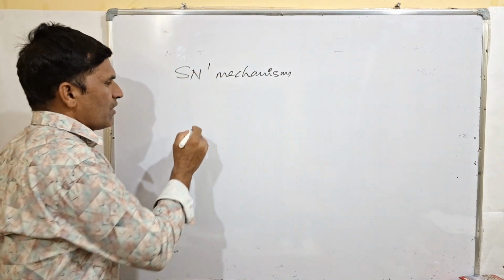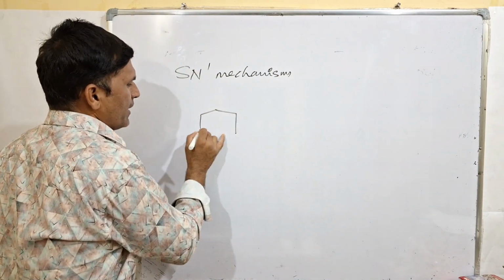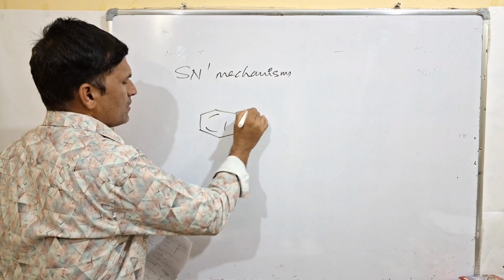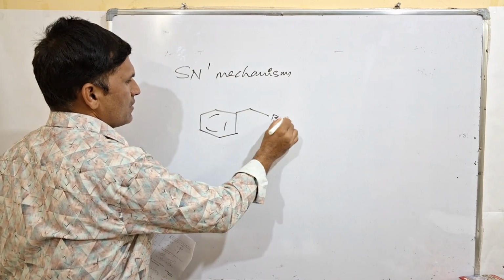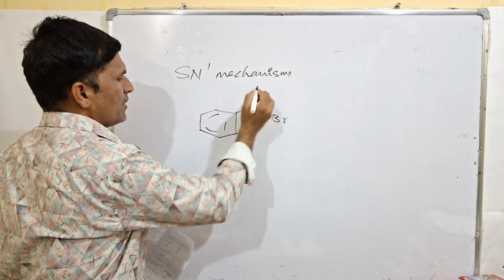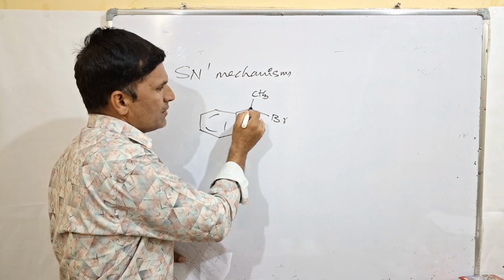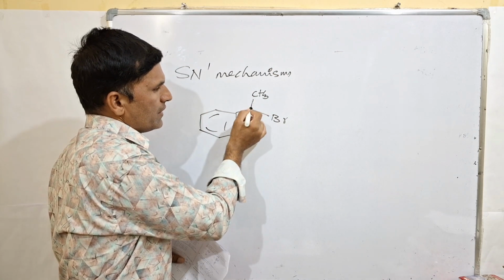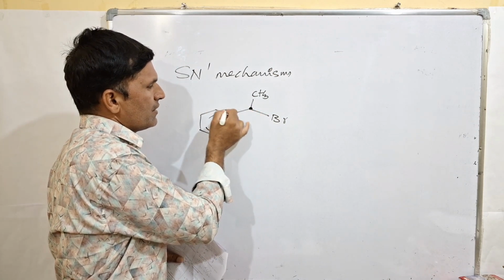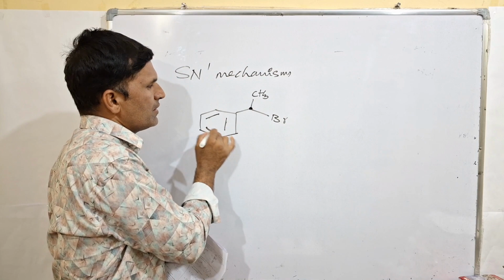So in the given options, the right option is the one which is tertiary. Benzyl bromide is also given. This is again secondary. Apart from that, it is in conjugation with the benzene ring.